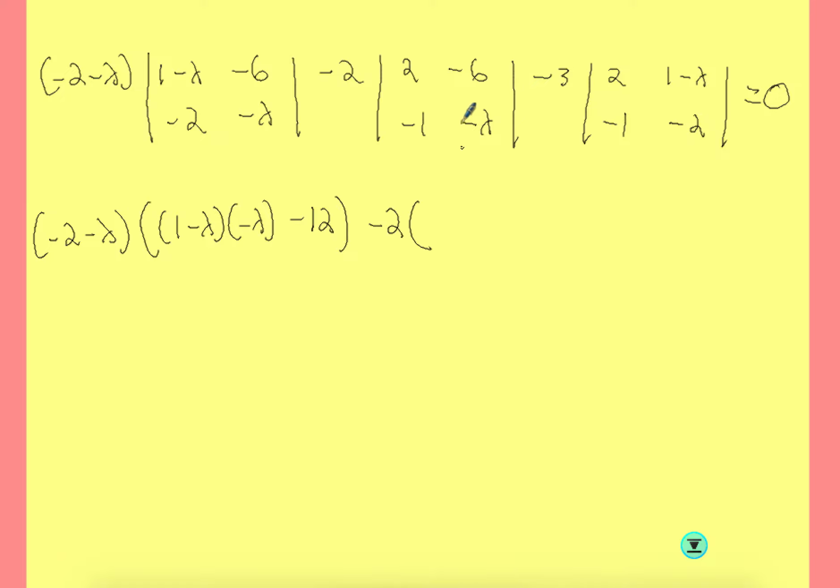Take away 2 times, well, that's going to be -2 lambda, take away 6, take away 3 times -2 lambda plus 1 times 1 take away lambda equals 0. So just about getting in the equals 0, the bit I should close that bracket. Right, as you can see, it is a lot to fit on one line. If you want to do it over 2 lines, it might make it a wee bit neater.